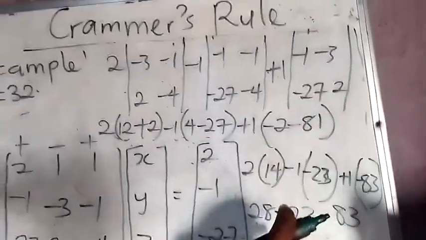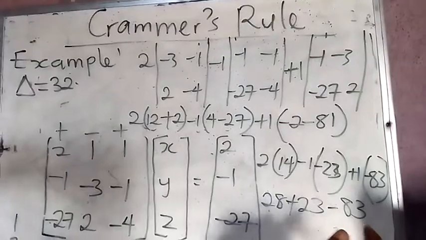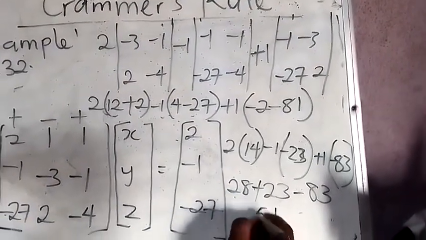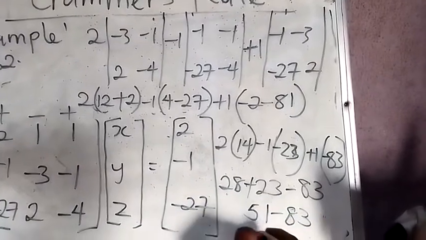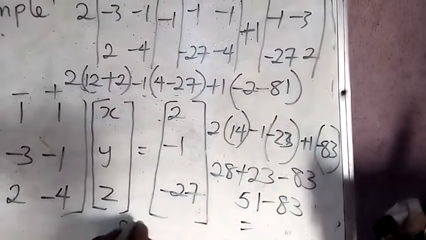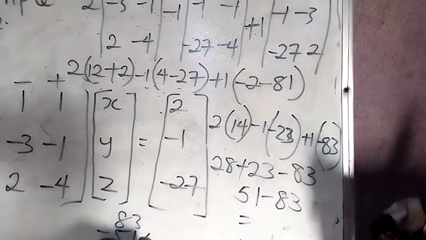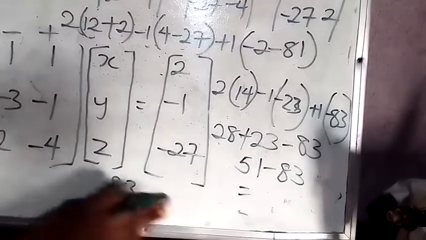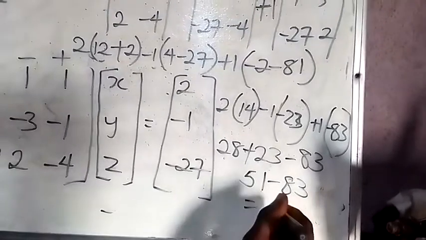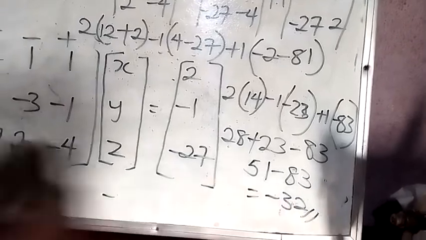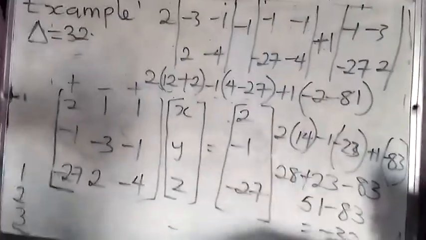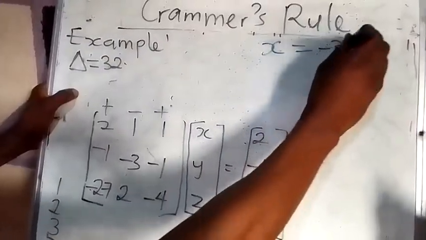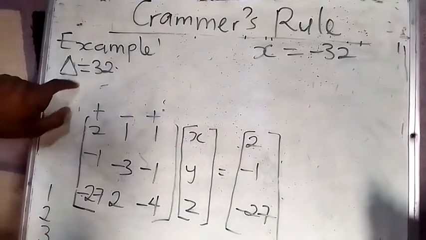So 28 plus 23 is what? That's 51. 51 minus 83, that's minus 32. So this will give us minus 32, all over the first determinant, 32.